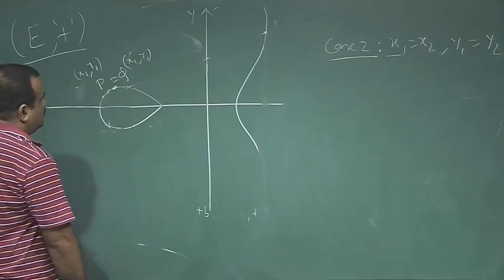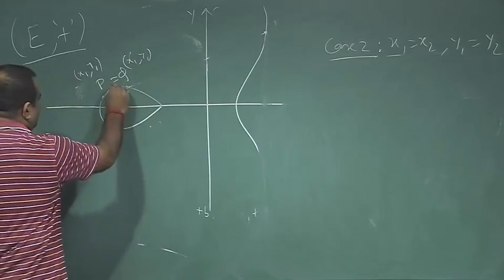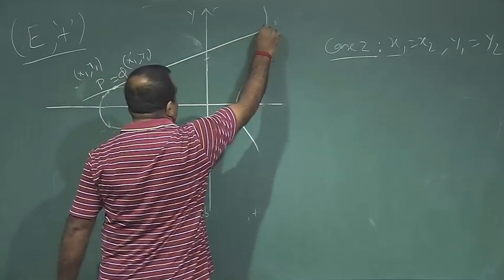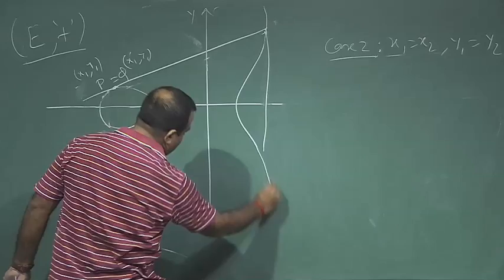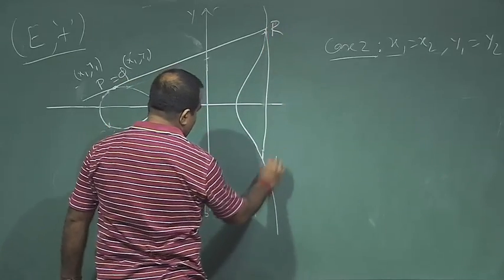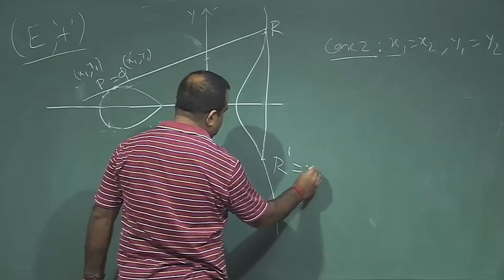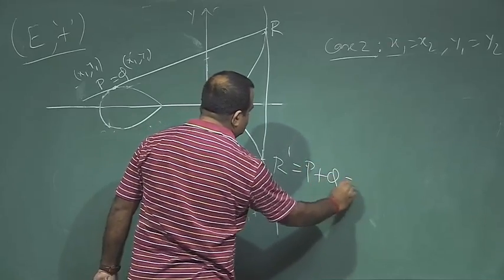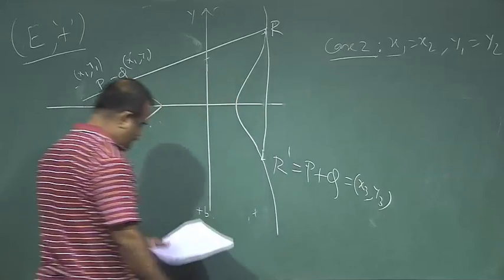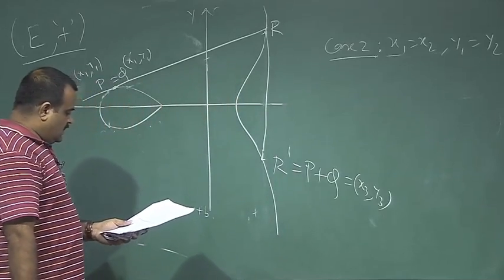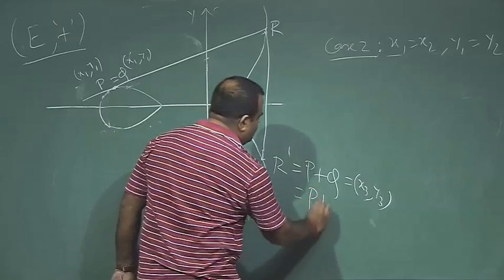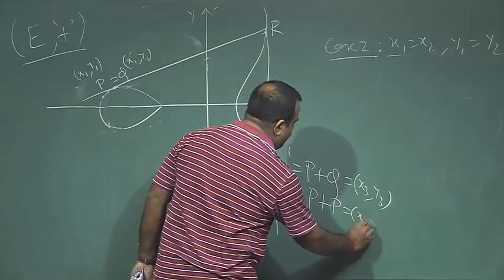I mean basically both points are same. Then it will be a tangent. It is meeting here and this is the other part of the curve. So this is R and this is R prime, which is P plus Q. Now we denote this x3 y3. So this is basically P plus P, both are same.